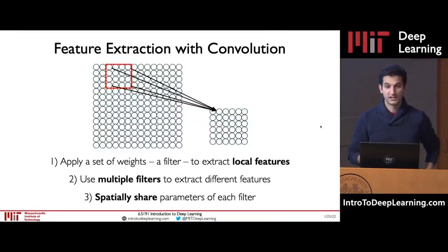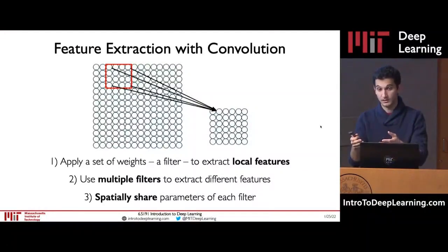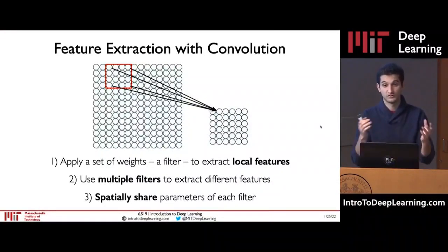So I hope now you can appreciate how convolution allows us to capitalize on spatial structure and also use this set of weights to extract local features and very easily detect different features by extracting different filters, right? So we can learn a bunch of those filters now, and each filter is going to capture a different feature, and that's going to define different types of objects and features that the image possesses.